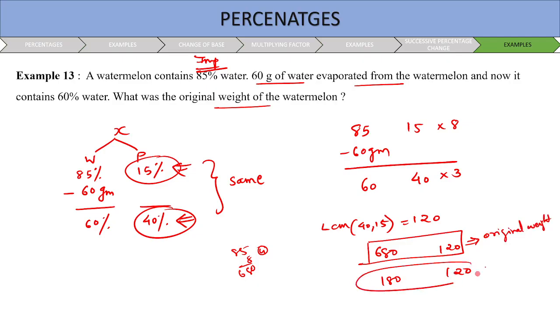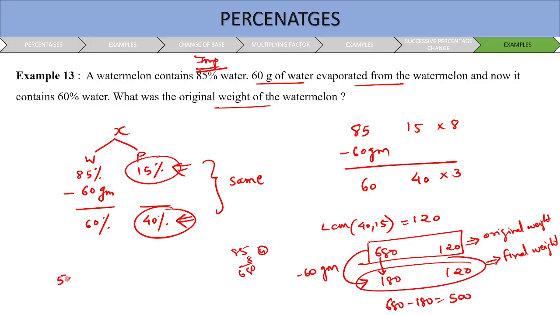And this is your final weight. But there is a catch over here. We know that to get to the final weight, there is a reduction of 60 grams. But how much is it getting reduced here? 680 minus 180 is nothing but 500.